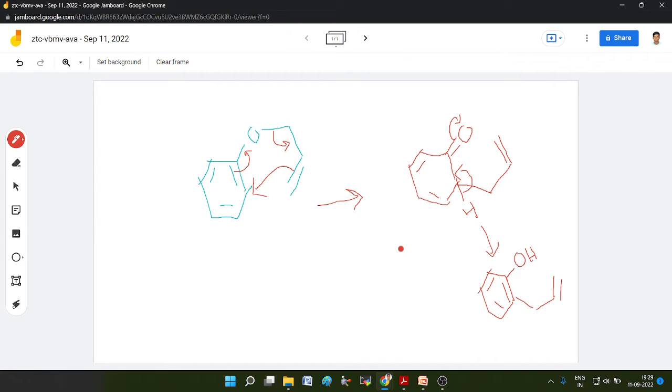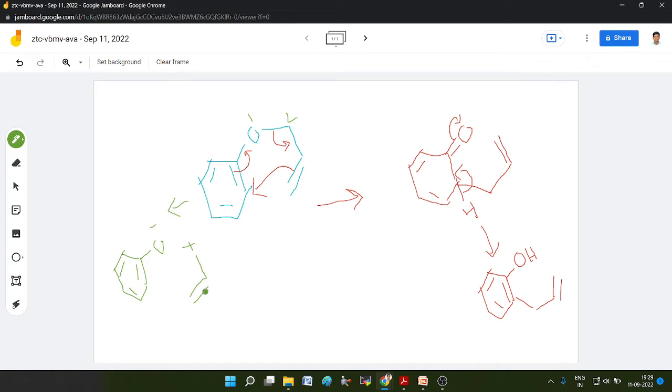Now let's say someone proposes this mechanism, whereas someone else may propose another mechanism. Let me show it in a different color, green. Let's say someone says first there is a formation of O negative charge, and this bond is broken. If I label it as 1, 2, this bond breaks, and this forms an allyl carbocation.